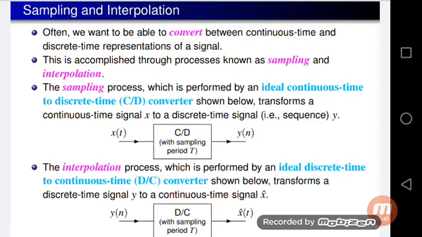The interpolation process is performed from ideal discrete time to continuous time. That means it is the reverse operation of sampling.